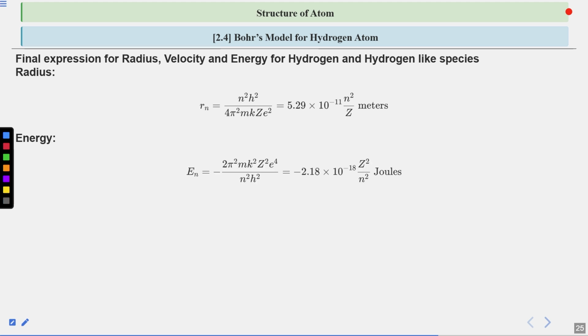So just put the values of the constants. You will get the energy equation same as the previous one. And third is the velocity, which is v n is equal to 2.19 into 10 to the power 6 z by n meter per second. Remember the relation between each of these. So z here is the atomic number and n is the value of the principal quantum number.